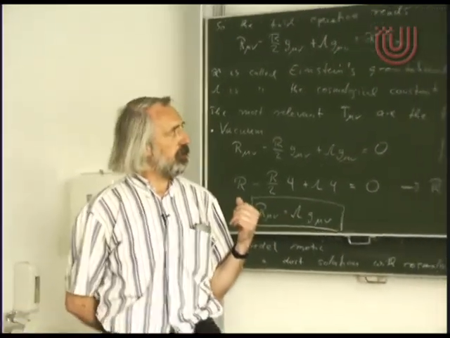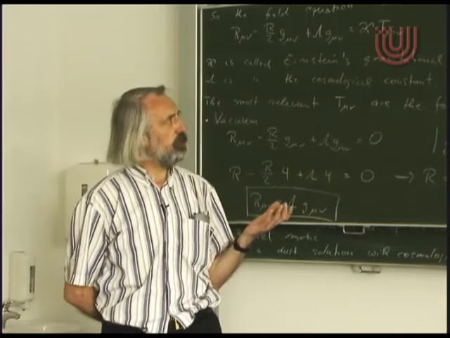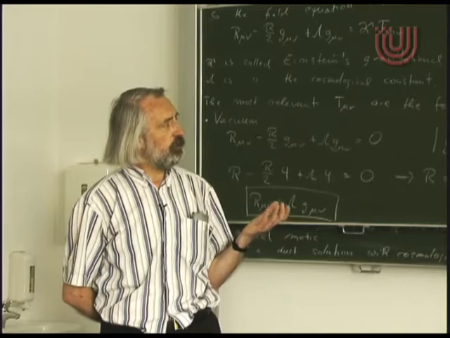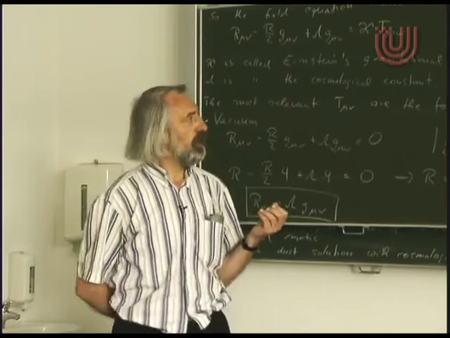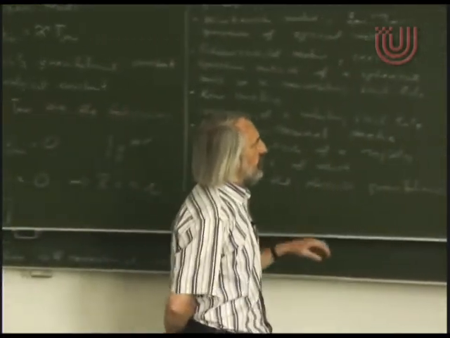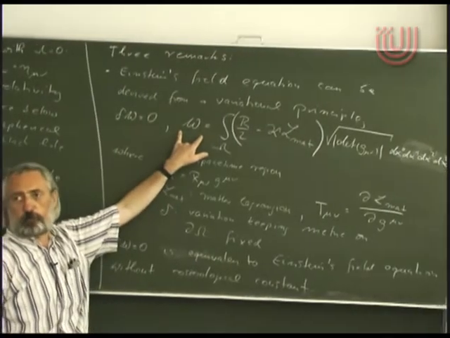There can be no doubt about this. What Hilbert should be credited for is that he was the first who found a variational principle for the field equation. It's certainly justified to call this not the Einstein action, but rather the Einstein-Hilbert action, and that's what is usually done.